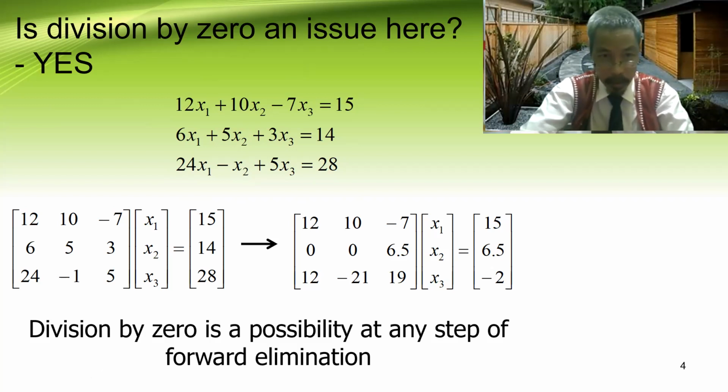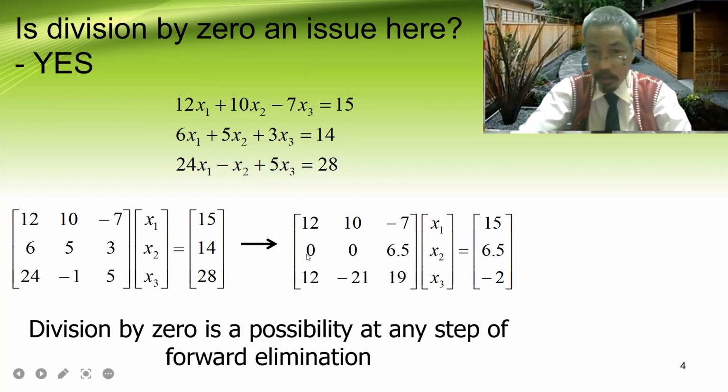Now, if you try to transform this into the upper triangular matrix, immediately on the second equation, it will look like this, 0, 0.